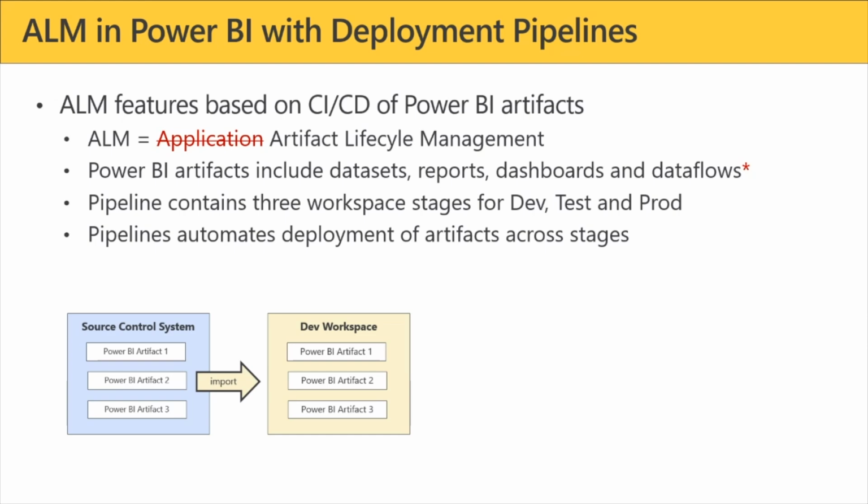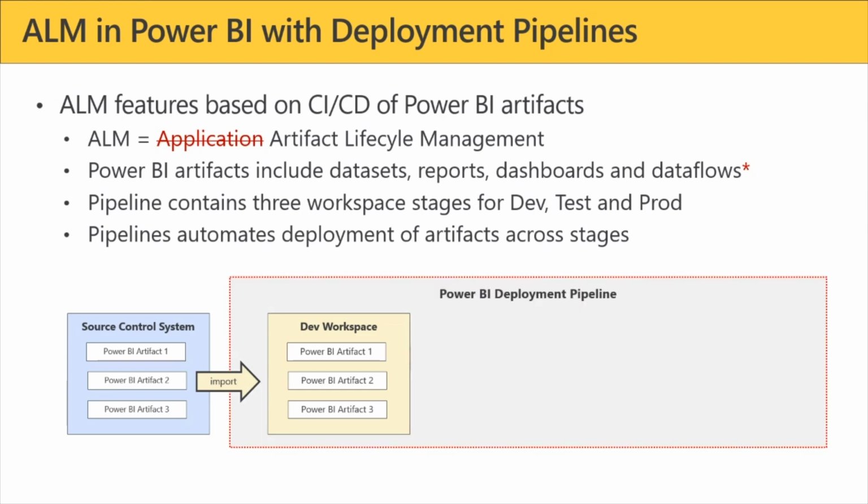Now, the way that ALM works in Power BI is that we have this series of workspaces. So let's say I have my workspace that I intend to use as the dev workspace. I then create a deployment pipeline. So a deployment pipeline, think of it as this abstraction that takes 3 different workspaces.